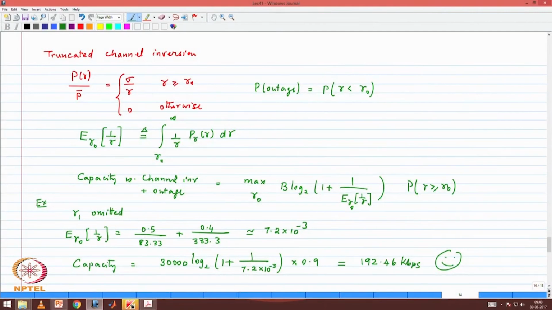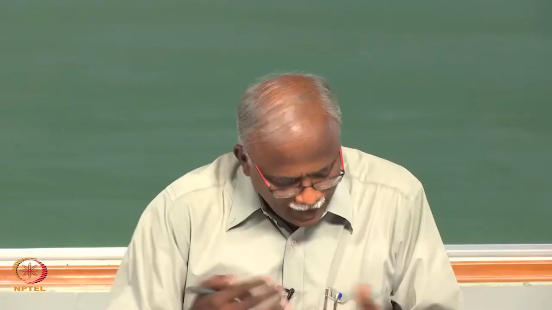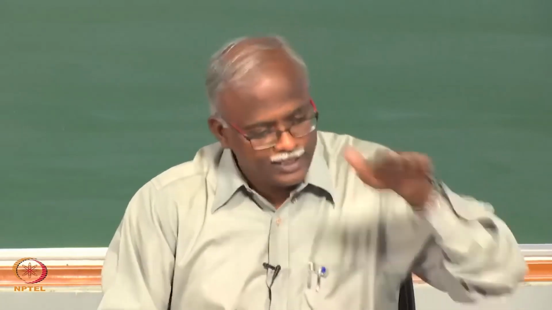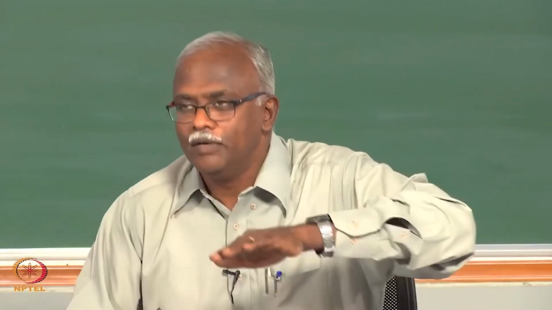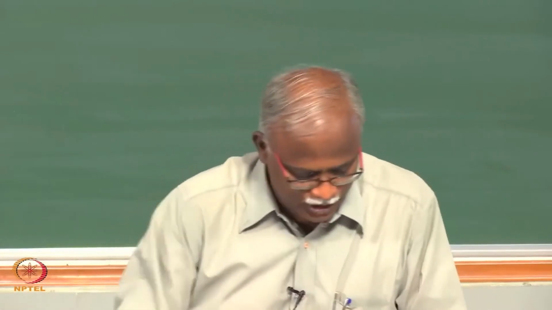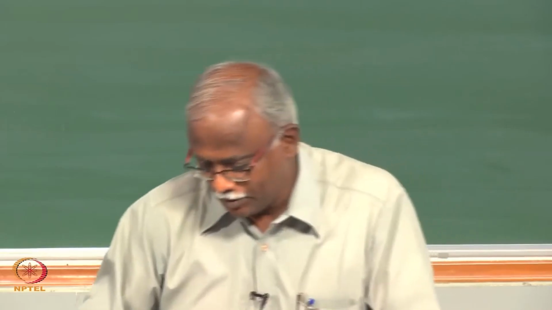You are trying to achieve something which looks like an AWGN channel. There are some practical challenges with channel inversion, because if the channel is varying very fast, then inverting it is a little bit difficult, but at least as a concept, this is a very powerful method.